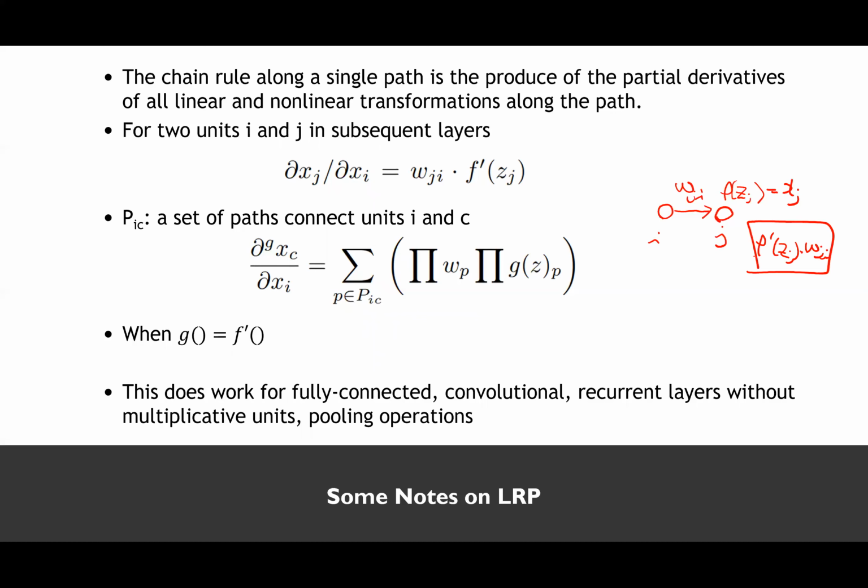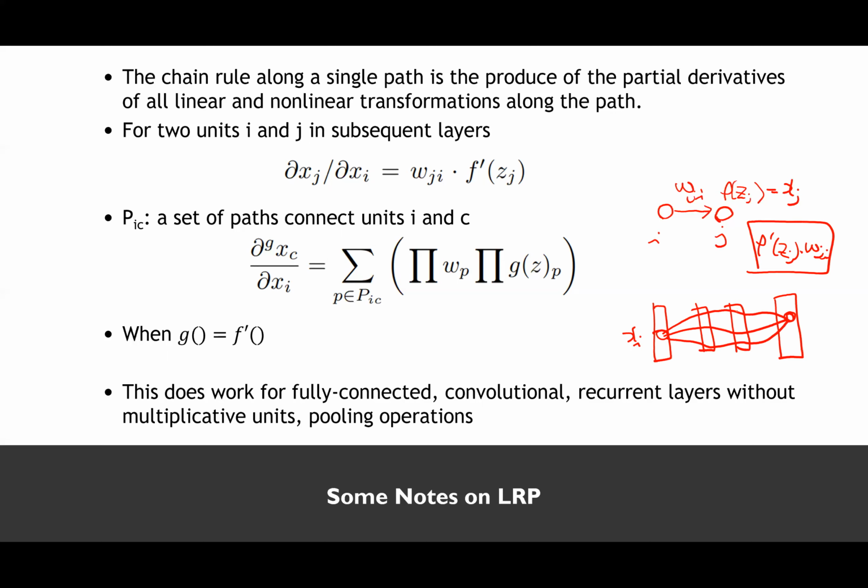So we can compute this partial derivative gradient even if C is located in the last layer and Xi is located in the previous layer, and so on. What we can do is consider all the paths.